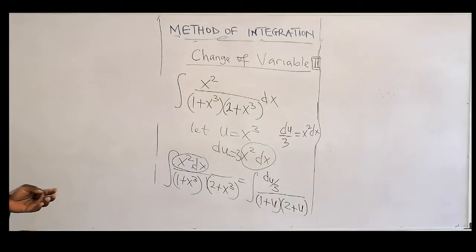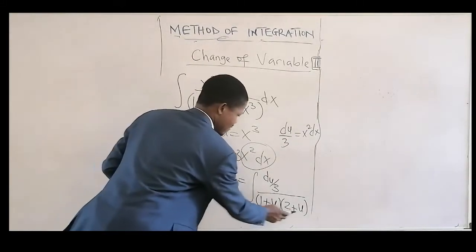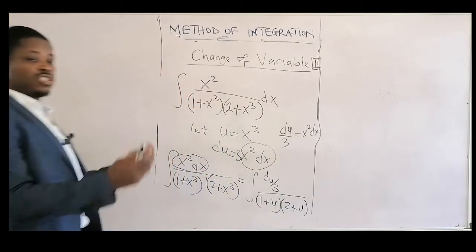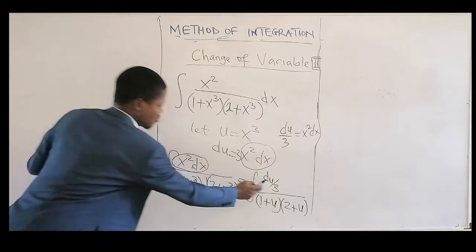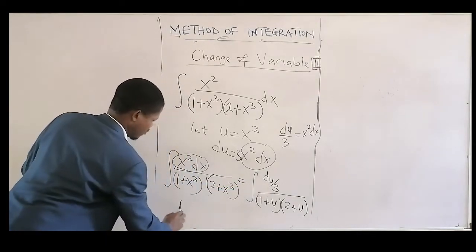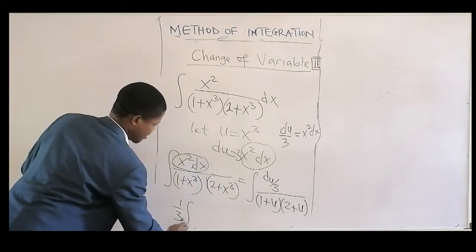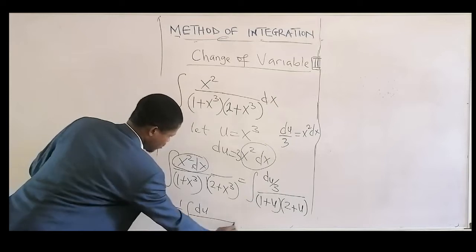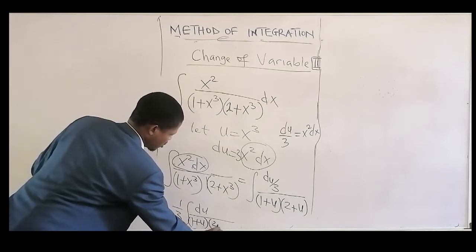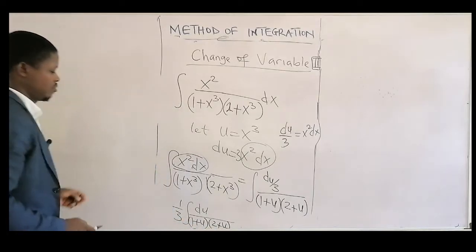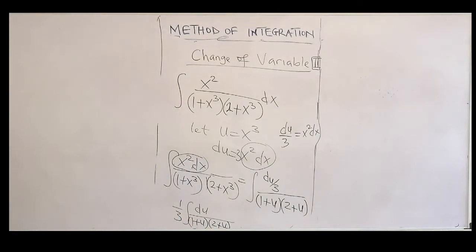If you check very well, these are linear factors, which can be turned into partial fractions. Then this 1 over 3 will come outside. We have 1 over 3 into bracket du all over 1 plus u into bracket 2 plus u. So it makes sense now.